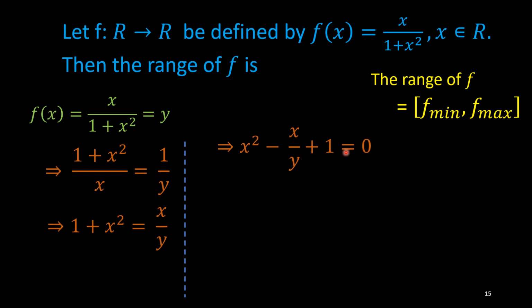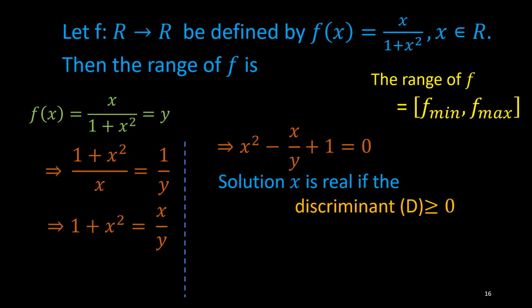Then from this quadratic equation, we will try to understand when we get a real solution, because x is of course real. So if I solve this equation considering a value y, then x should be real under one condition. What is the condition? A solution of x will be real if the discriminant D is greater than or equal to 0. That is known to us.